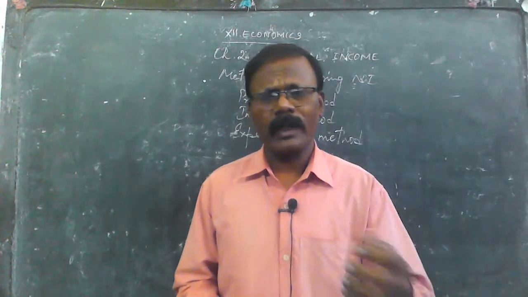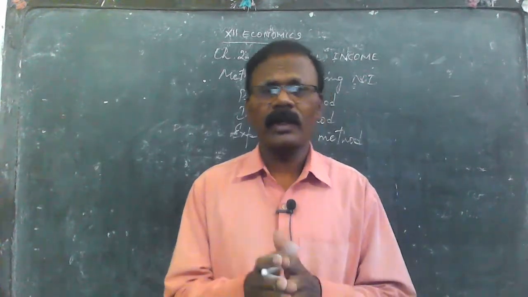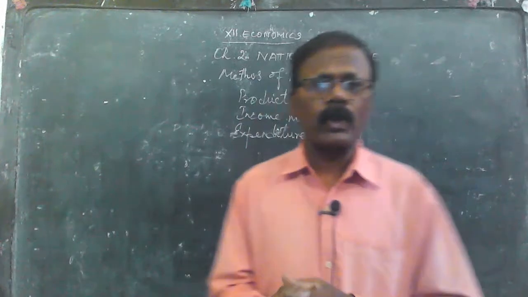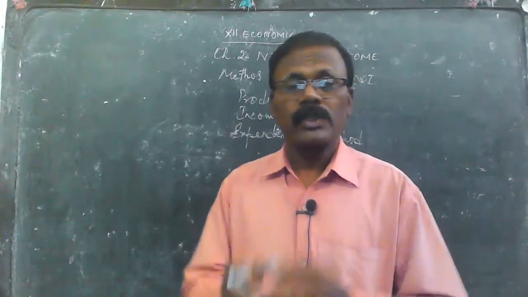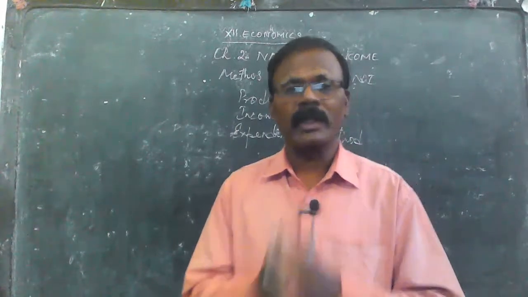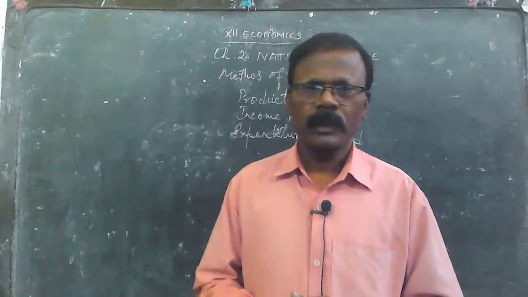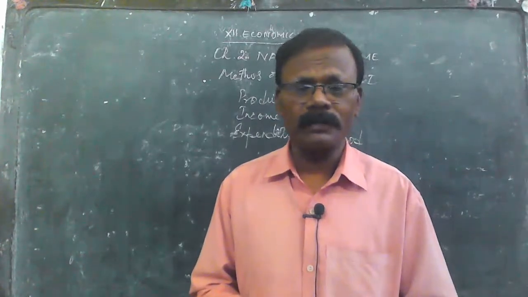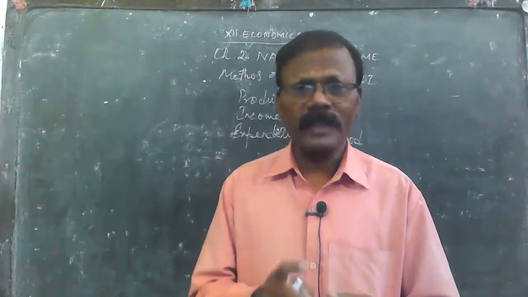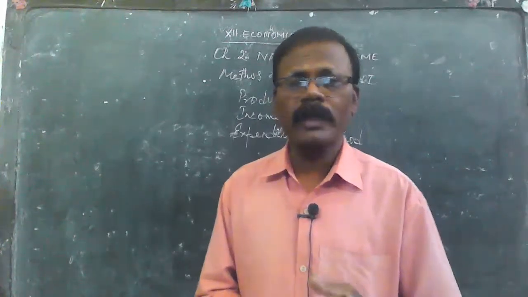Any product, any commodity which is either raw material or intermediate good should not be counted while measuring national income. This is a very important one. While measuring national income, the value of intermediate good or the value of raw material should not be included.